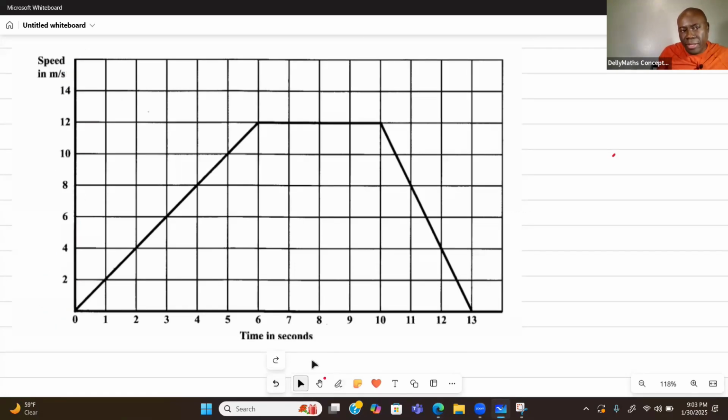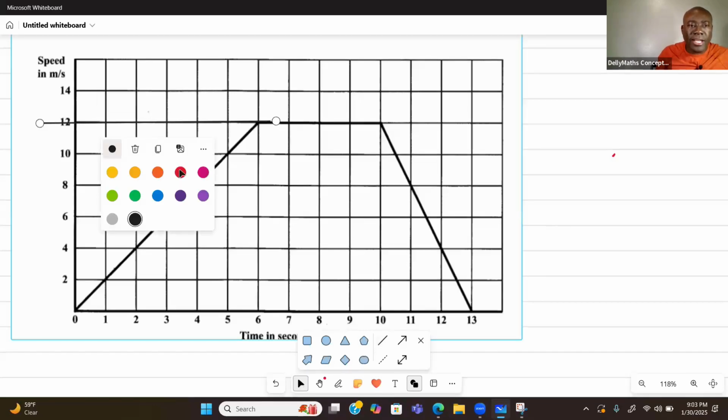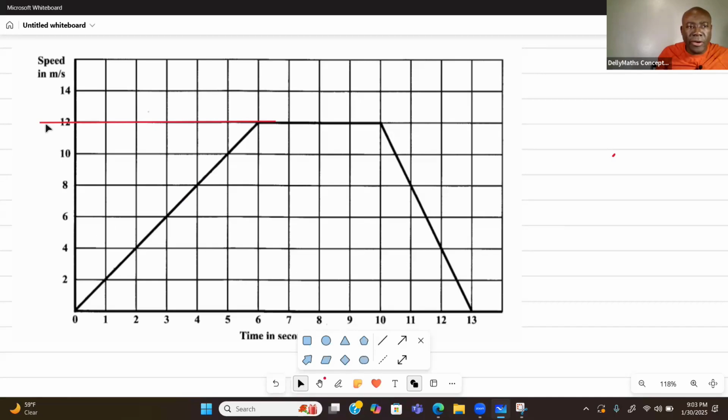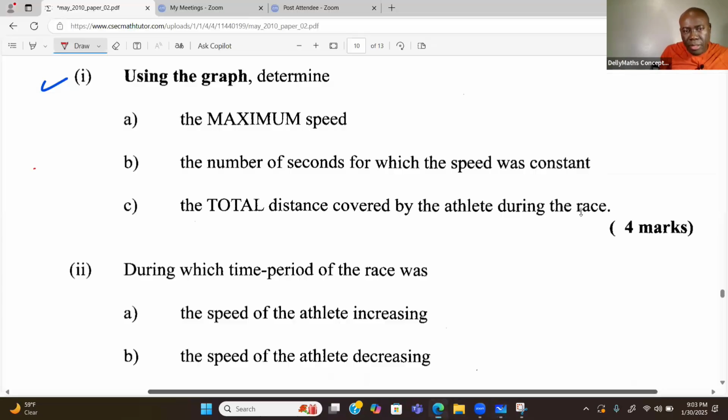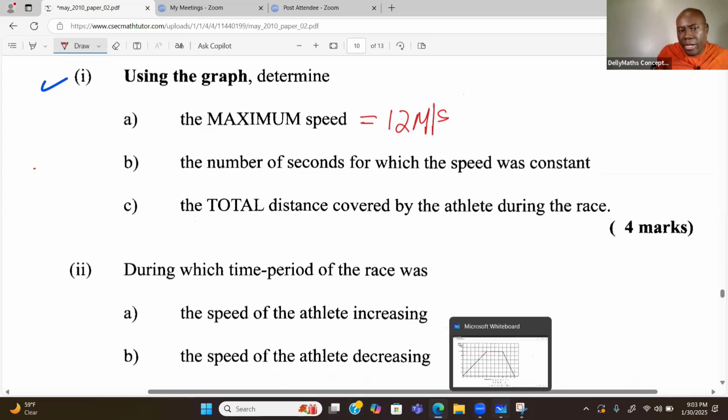You'll definitely see that the highest point is right here. This is actually 12. So we could respond easily: it's 12 meters per second. So the maximum speed was equal to 12 meters per second. That one, we never had to do any working really.